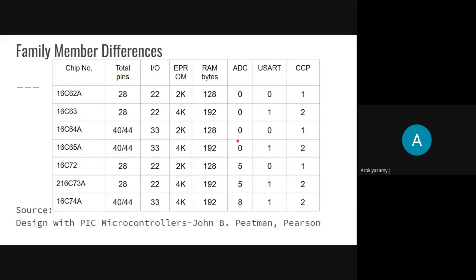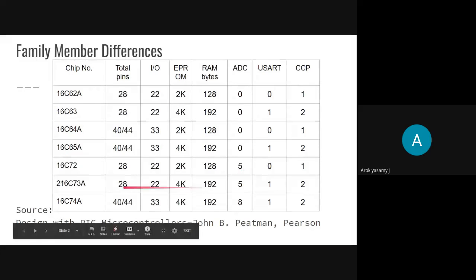In the 6X versions, no ADC is provided. In the 7X versions, 5 channels of ADC are provided in 72 and 73A. In 74A, an 8 channel ADC is available.